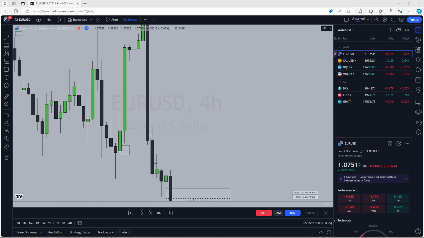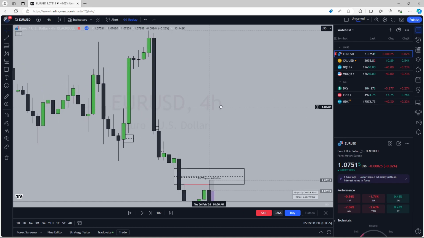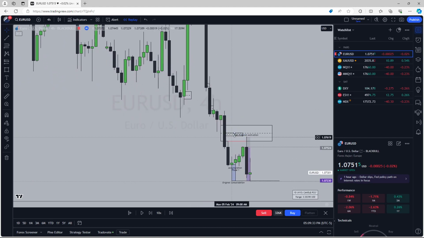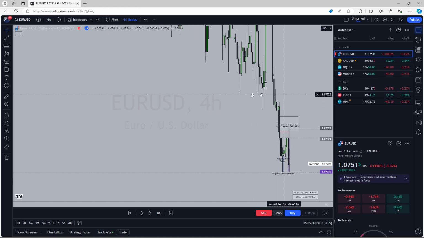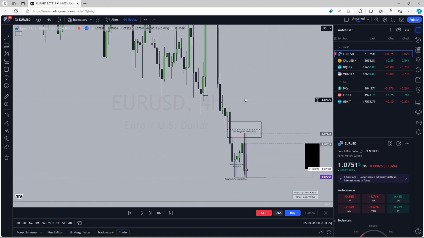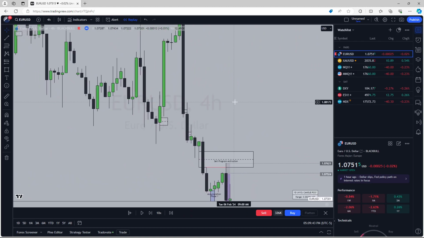Interesting. The FVG you drew on your USD could also be an IFVG. This one? No, that's not what an IFVG is.